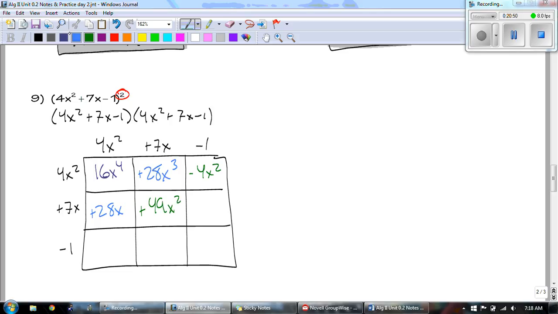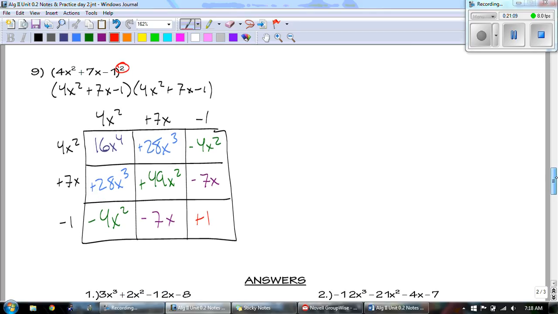Sorry, that last one should have been cubed. Okay, 7 times negative 1 would be negative 7x. Negative 4x squared. Negative 7x, and that last one would be positive 1.